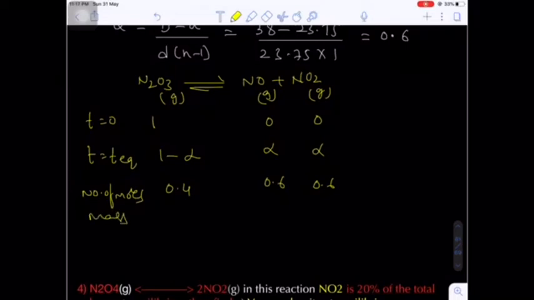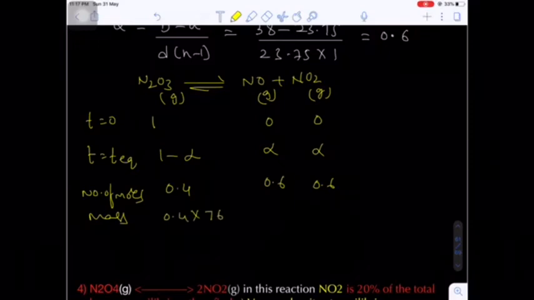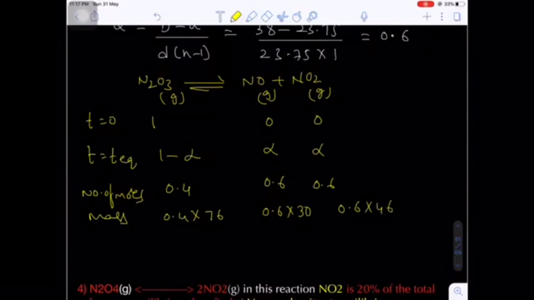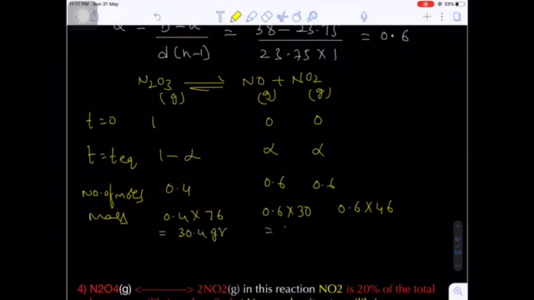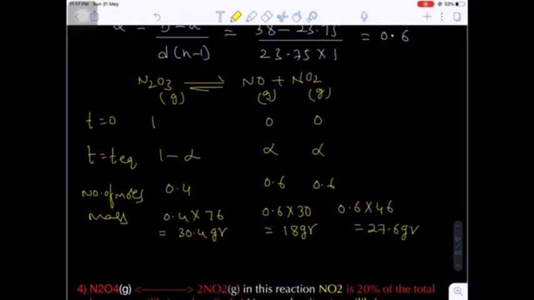Now, can you convert the number of moles into mass? Yes. How? By multiplying the molar mass with the number of moles. 0.4 moles into its molar mass 76 grams, 0.6 into its molar mass 30, 0.6 into its molar mass 46. Okay, this will be equal to 30.4 grams, this will be equal to 18 grams, and this will be equal to 27.6 grams.